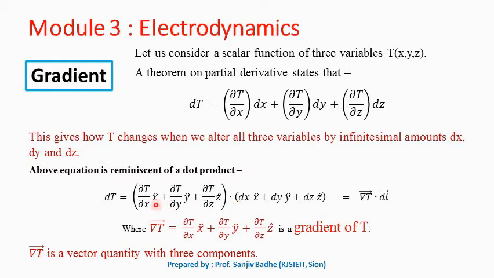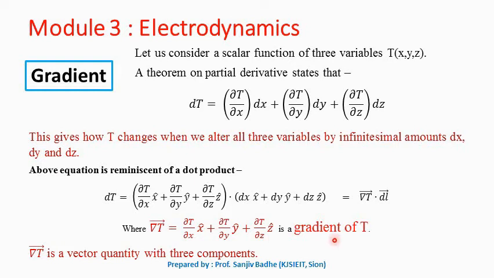So you can note it is a dot product. So dt, the change in the value of function t, is a dot product of two vectors. That means this displacement vector is a vector as we know already, and this first vector, del t by del x x cap plus del t by del y y cap plus del t by del z z cap, which we are calling gradient of t, is also a vector.